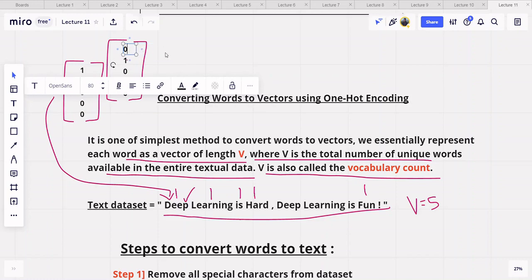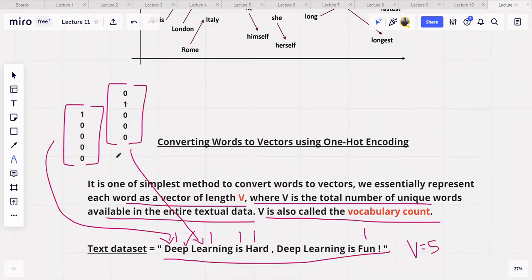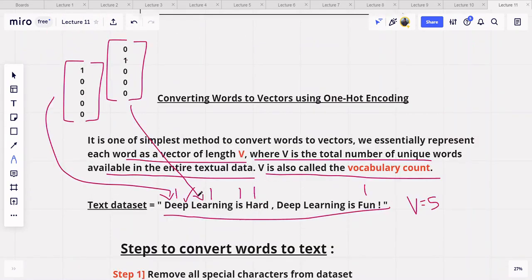Now this vector represents the word learning. We'll do the same thing for all the unique words. Basically, we are treating each unique word as a categorical class. This is how we convert our textual data, our words, into vectors.